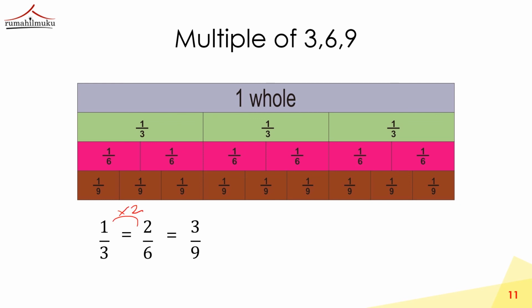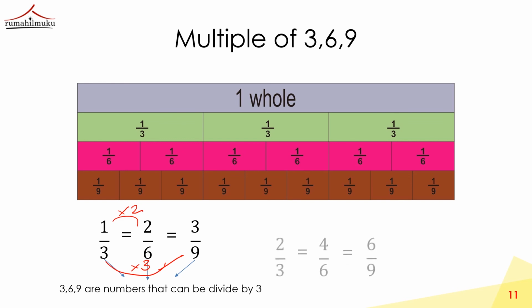Because 3, 6, and 9 are numbers that can be divided by 3. It's the same as 2/3 to 4/6 to 6/9. 2/3 times 2 becomes 4/6, but 2/3 times 3 becomes 6 out of 9. It's that simple. You understand? You're with me here? Good.